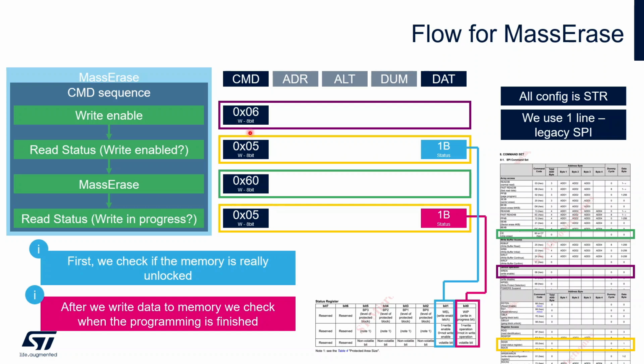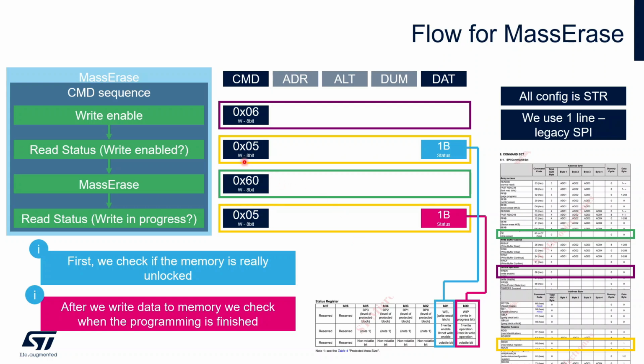So it's good to check the status of this bit by reading the status register, which all the memories have. We want to check this bit, the write enable latch, which tells us if this bit is set, we can write into the memory or read from the memory, program the memory, erase the memory.